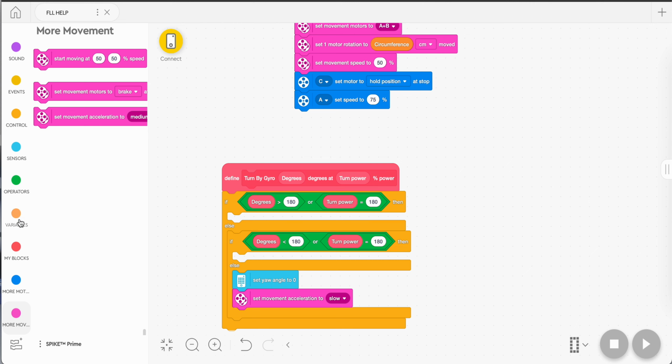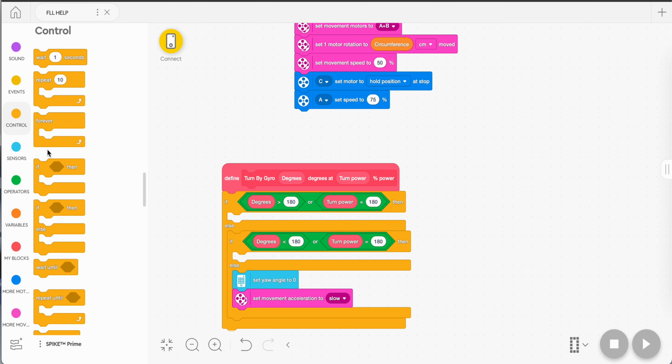After that, get a wait for, put it under. Now depending on how long you want to wait, each turn that you make will cost how long you wait.